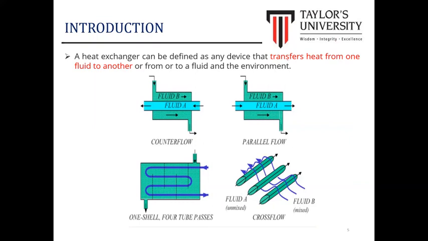So the heat transfer is involved in the heat exchanger, whether we need to reduce or increase the temperature for a certain process. Okay, if we have counter flow here, we can see fluid B has the opposite direction of flow to fluid A. So maybe fluid B is the cooling medium, for example, to cool the system.